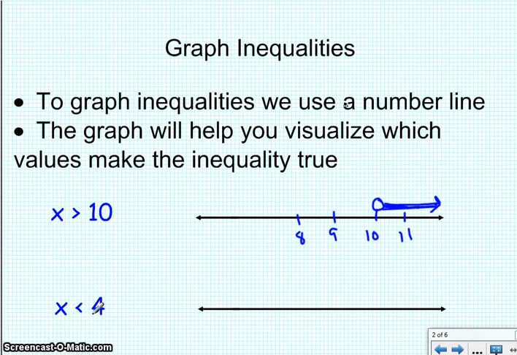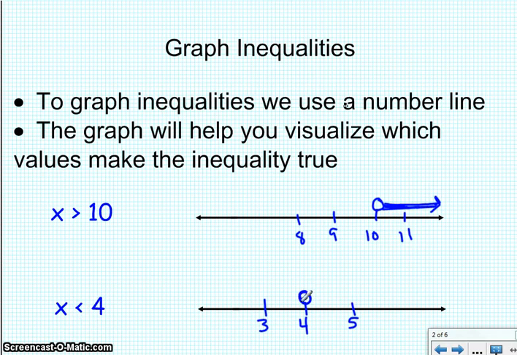Now we have x is less than 4. Same thing again. I'm just going to put in a few numbers here: 3, 4, and 5. In this case, the values that make this inequality true are going to be smaller than 4. So once again, I check, and my sign is less than. So I'm going to use an open circle.